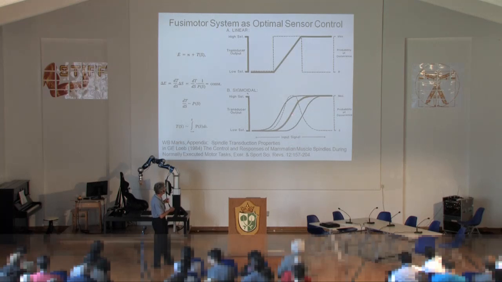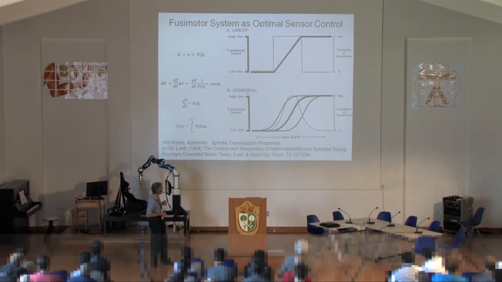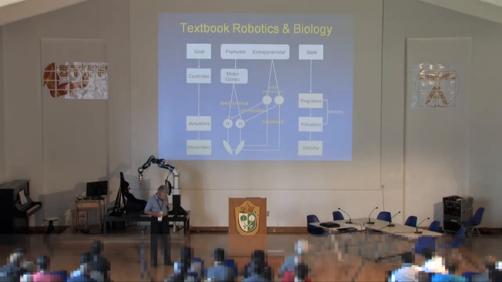And of course, for different tasks, those states will change. They might get broader, they might shift to different locations, and you would want to tune the shape of the transducer so that its maximum slope sits at the center and it covers the range of states that you have to transduce. And the system actually seems very well set up to do something like that for the muscle spindles.